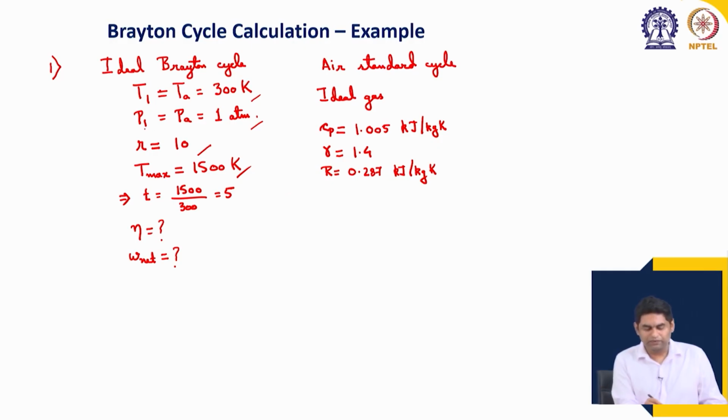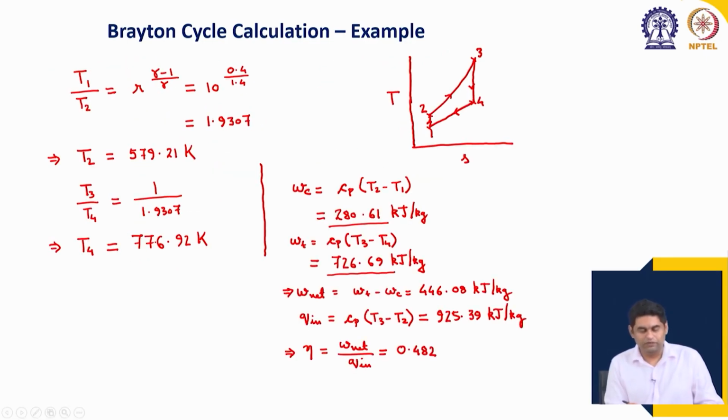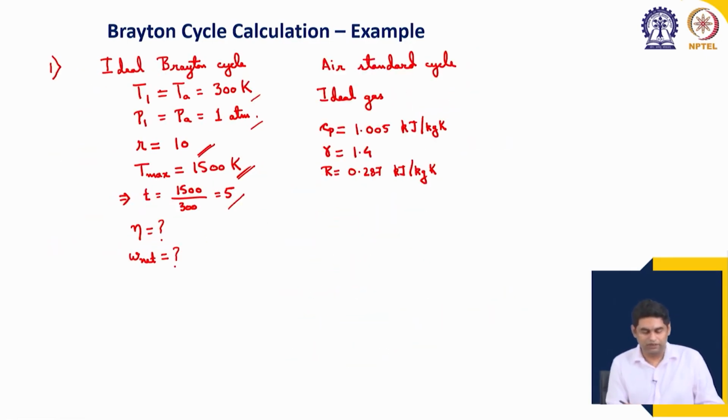Remember that the actual pressure value did not play any role in the calculation, but the pressure ratio was the important term. Then the maximum temperature was taken as 1500, which led to a value of T equal to 5, and ideal gas air was considered. We wanted to find the efficiency and W net. We will use the same conditions in our next problem also.